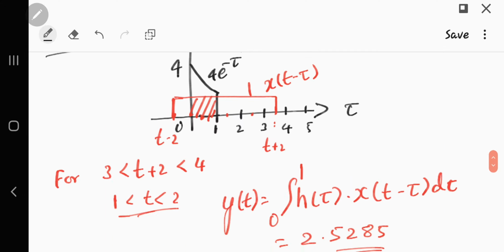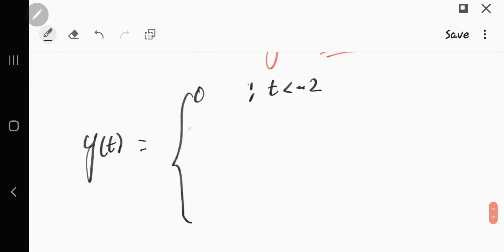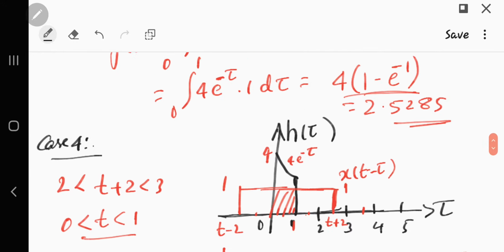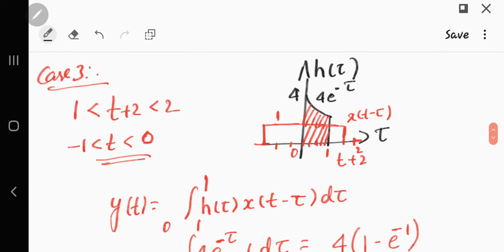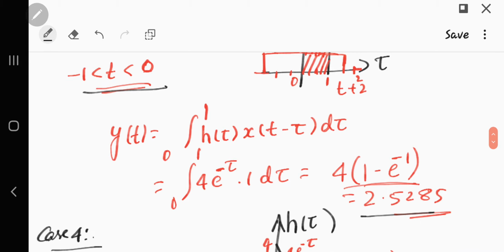So that is the value for y of t, 4 into 1 minus e to the power of minus (t plus 2) for t varying between minus 2 and minus 1. Next case, in case 3, from minus 1 to 0, y of t is 2.5285.